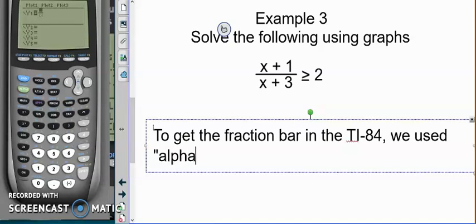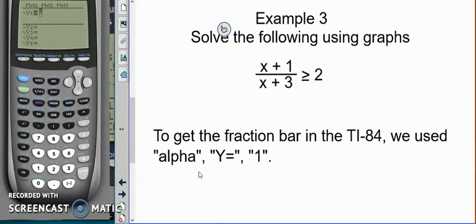We hit the alpha button, the Y equals button, capital Y equals, and then number one. And that gave us the fraction bar.